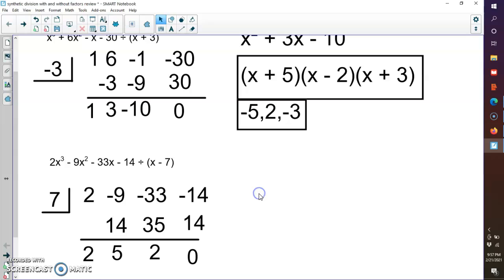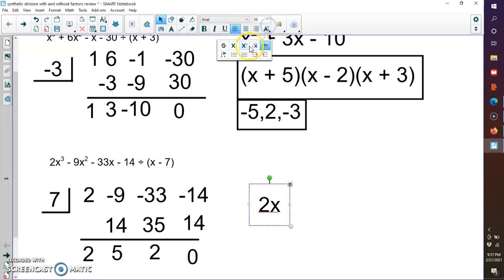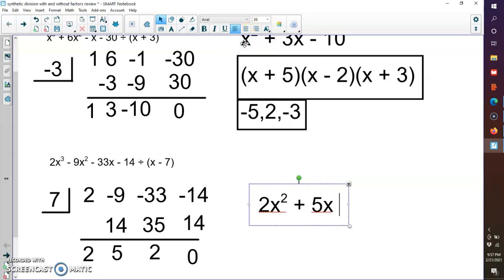Okay. So it's 2x squared plus 5x plus 2.